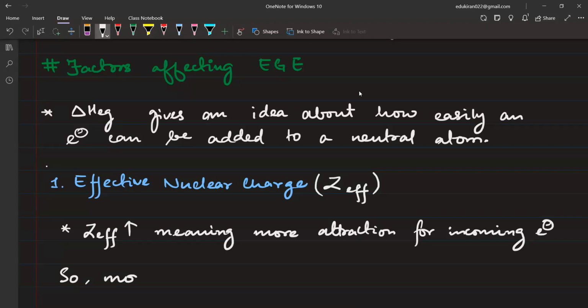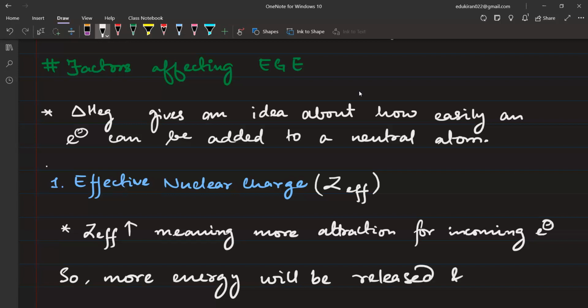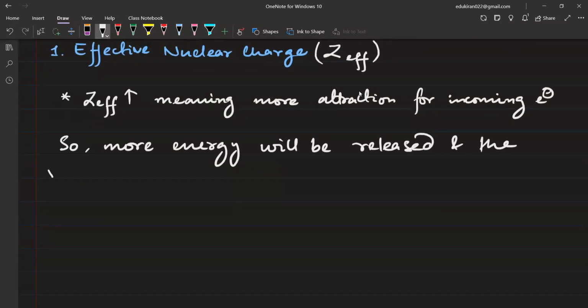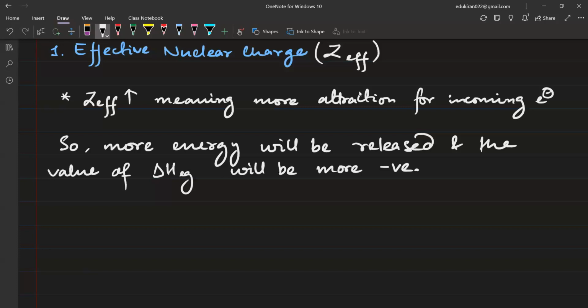So more energy will be released, and the value of delta HEG will be more negative. Got it, guys? Just please tell me.